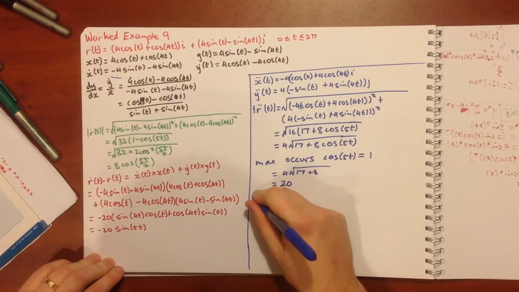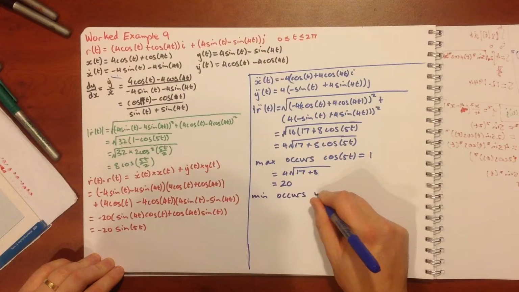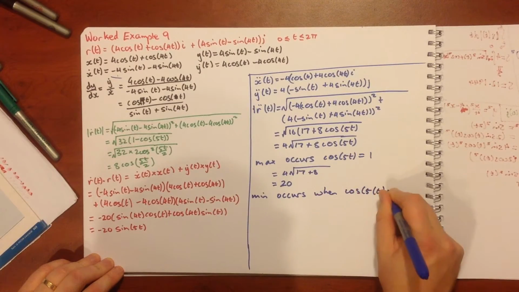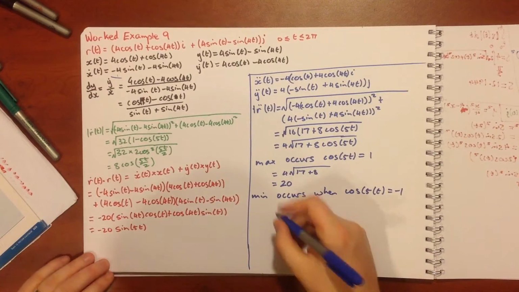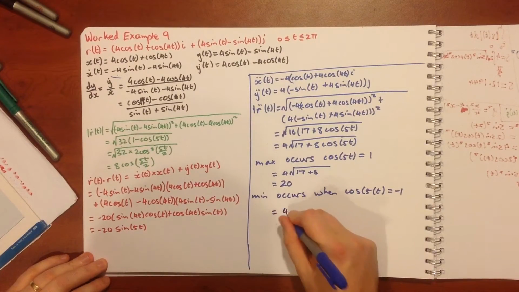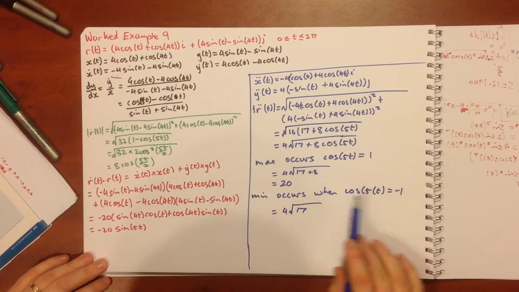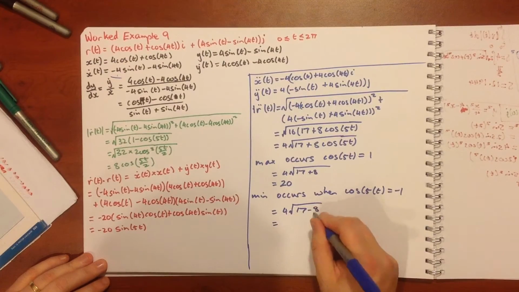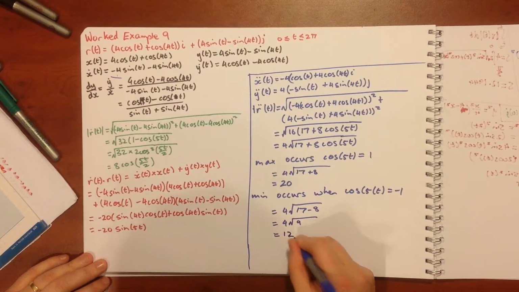Our min occurs when cos of our 5t equals -1, the minimum value that we can get. So that means we're going to get 4 times the square root of 17, and if cos is -1, then we're actually going to take away 8, which means we're going to get 4 outside of the square root of 9, quite nice, which equals 12.